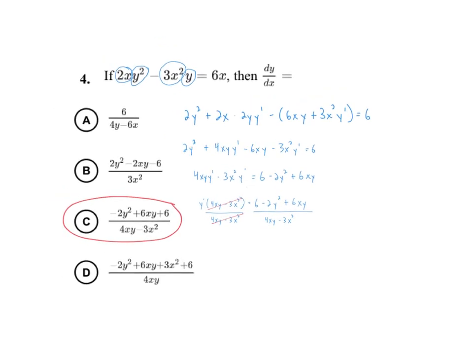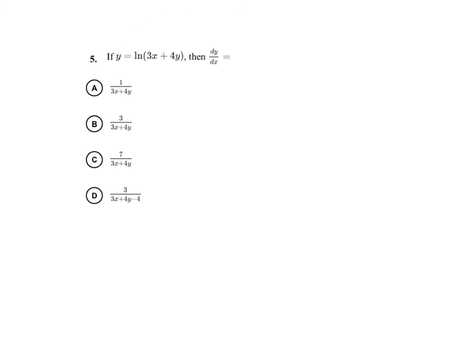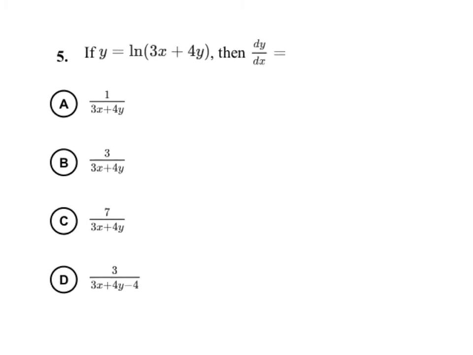Okay, so this is another definite implicit. We actually can't solve this for y, so we have to do implicit. Derivative on the left-hand side, derivative of y is just y prime.